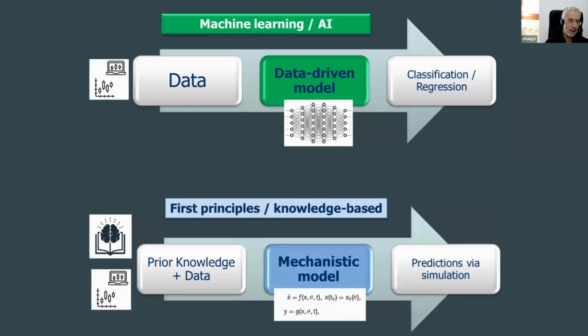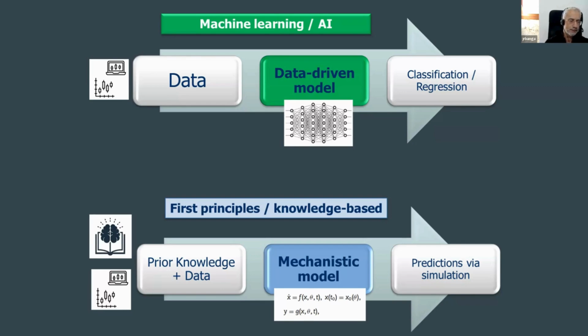Very roughly speaking, we can say that there are two types of approaches to deal with that problem. One would be the typical data-driven approach, which is, of course, being used in statistics for many, many years, but in more recent years, it's the target of machine learning and many other artificial intelligence methods.